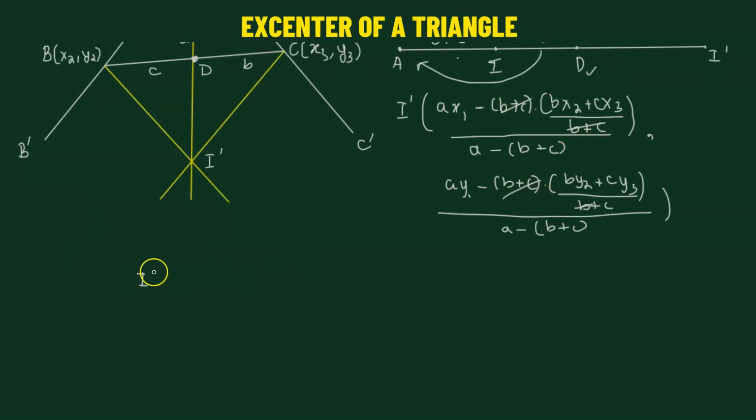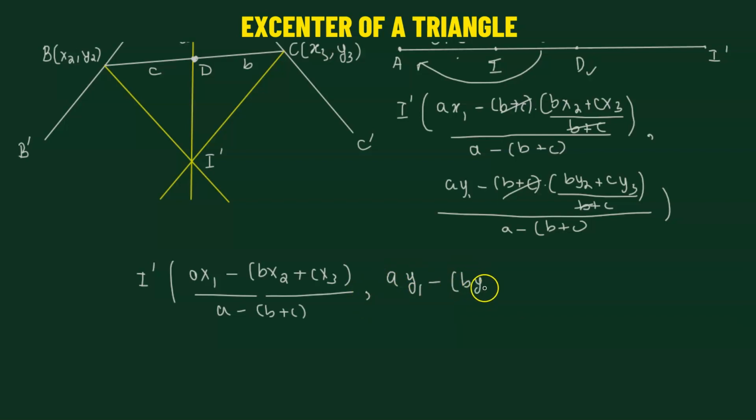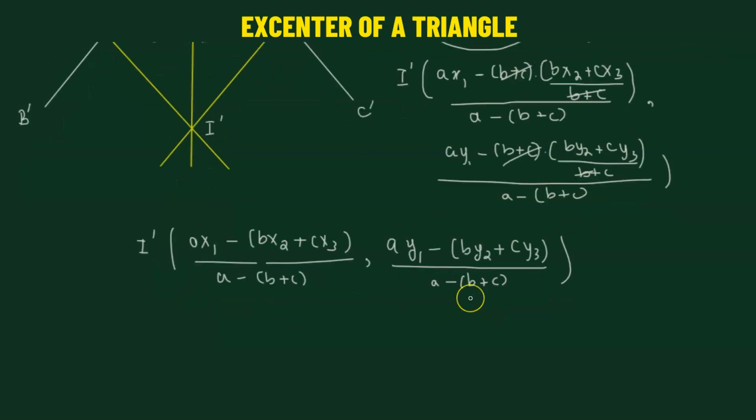So we will now get I prime. That's going to be AX1 minus of BX2 plus CX3 divided by A minus B plus C. And the y coordinate is going to be AY1 minus of BY2 plus CY3 whole divided by A minus of B plus C. What we can do is multiply both numerator and denominator of the x coordinate with -1, and we'll do that to the y coordinate as well.